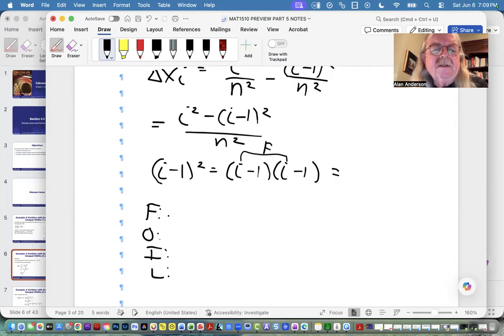F, of course, would give us i squared. O is negative i. I is also negative i. And then last is positive 1.